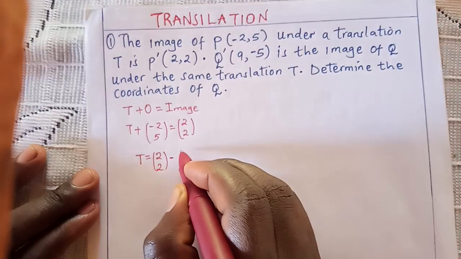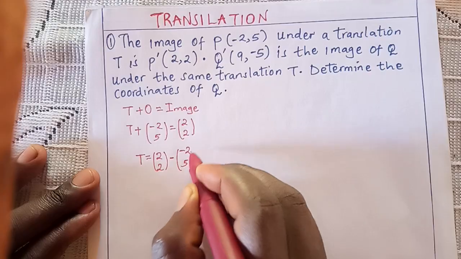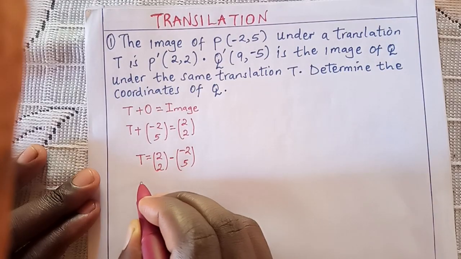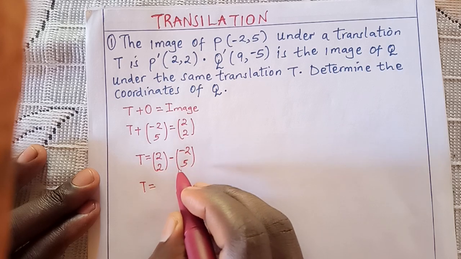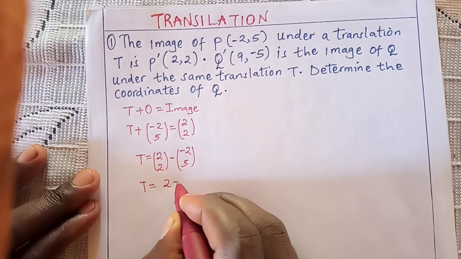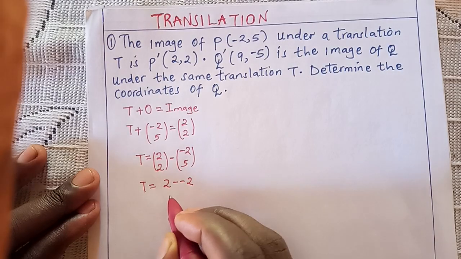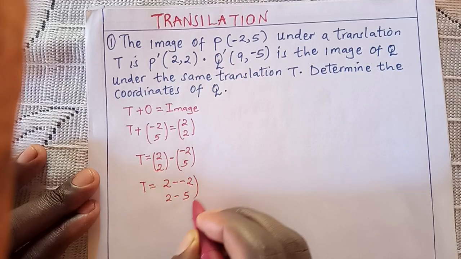Now the object coordinate is negative 2, 5. If you put like terms together, I mean the x together and the y together, we are going to have 2 minus minus 2. Then under y we have 2 minus 5.